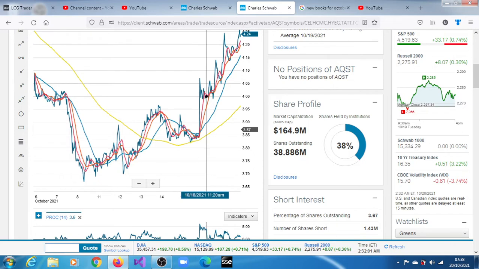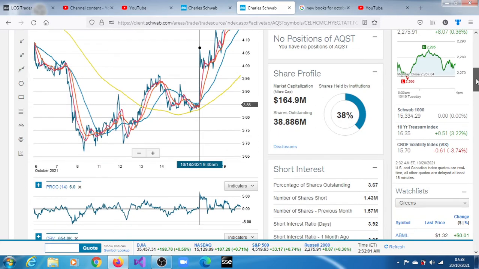Currently they are far ahead. Since the 18th, they have not traded below that 50-day moving average. So AQST is currently maintaining a bullish trend in the very short term.